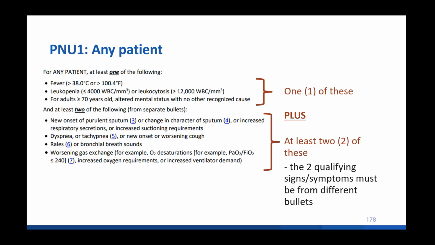So for example, if there is tachypnea and rales in the infection window period, this would qualify as 2 additional signs and symptoms. But if there is dyspnea and tachypnea in the infection window period, this would be considered a single sign or symptom since they are from the same bullet, and an additional sign or symptom from a separate bullet would also be needed.